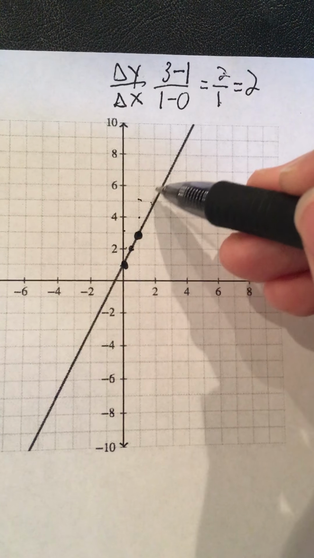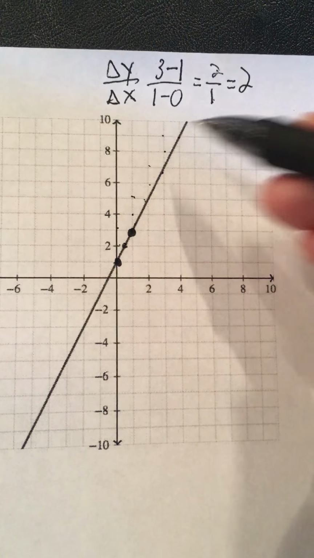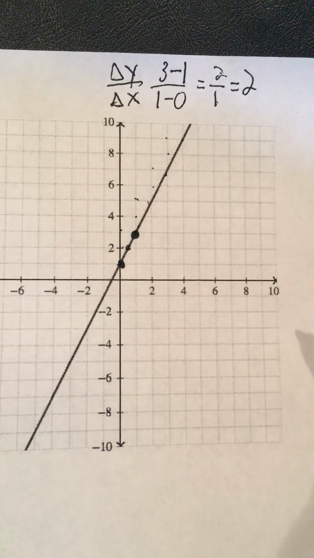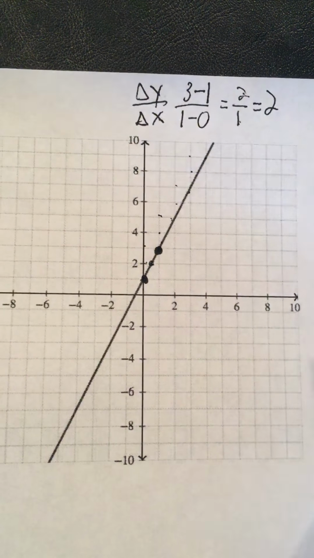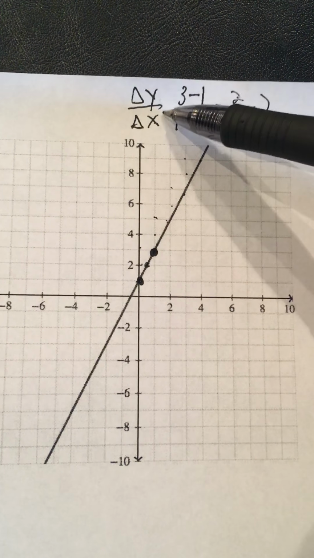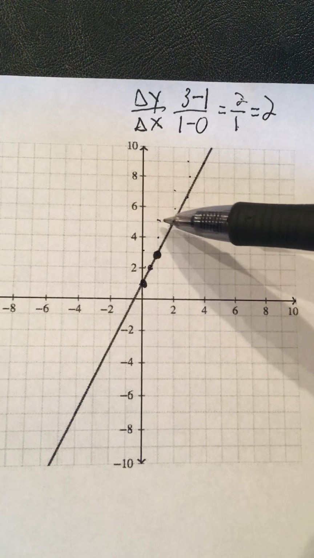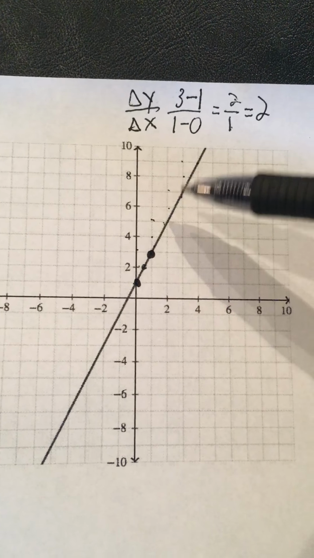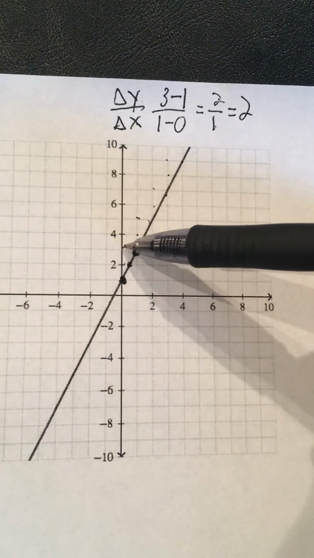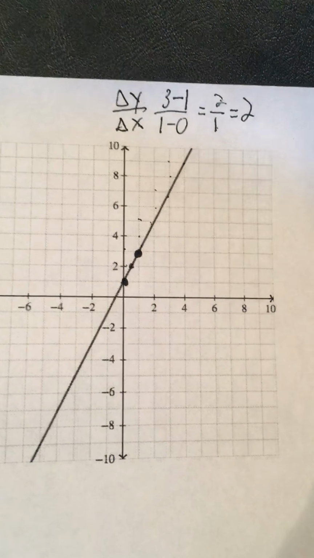And it works every time. So you can use either way. I'm going to go through these and do the change in y over change in x for all of them and check it with this visual trick.